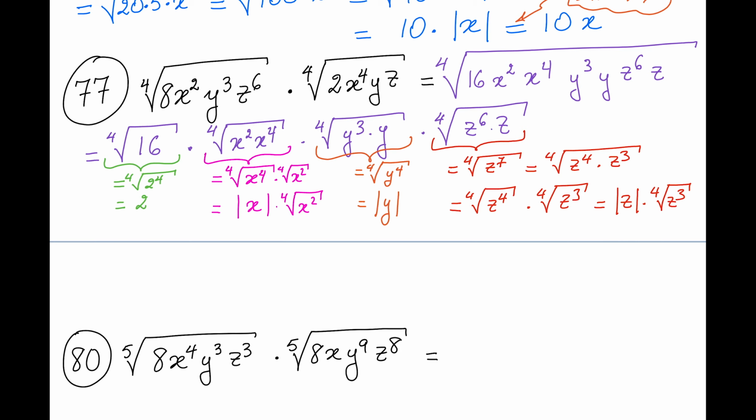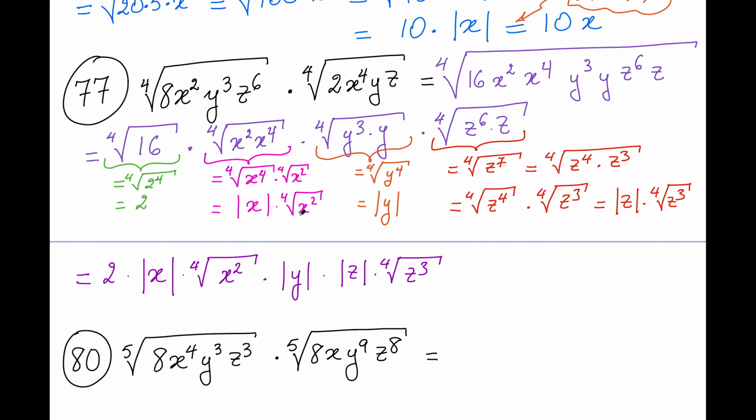So now putting things together, what's the answer then? 2 times the absolute value of x times the fourth root of x squared times the absolute value of y and times the absolute value of z times the fourth root of z cubed.